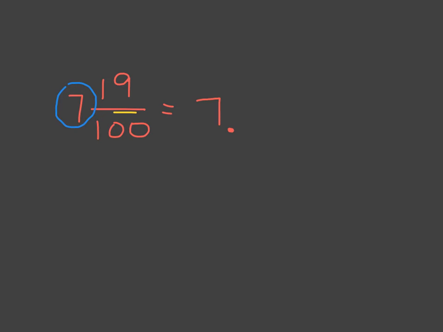Following this, we'll look at our denominator, 100. Since 100 has 2 zeros, we're going to have 2 digits to the right of the decimal. Those digits will be in the tenths and hundredths place.